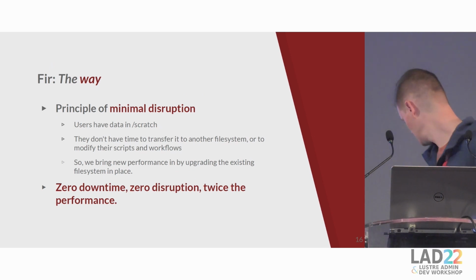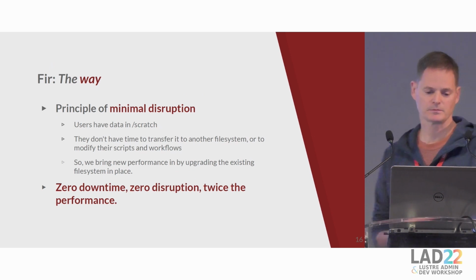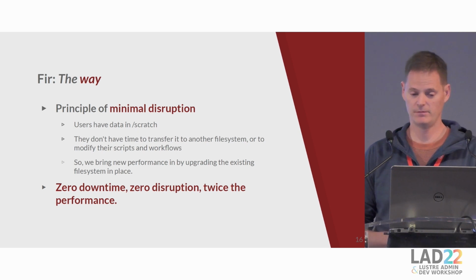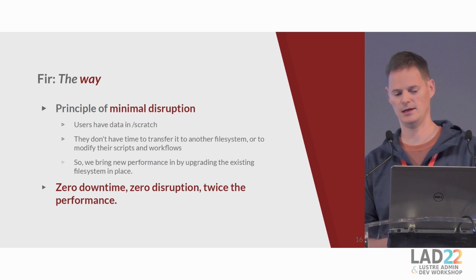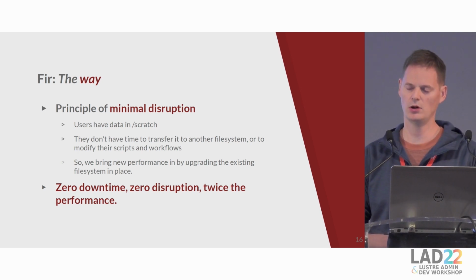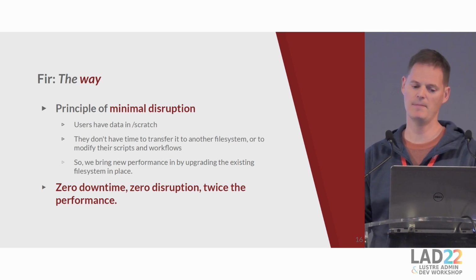So we have the principle of minimal disruption, as I said. Users already have data on Scratch, and they don't have time to copy data to another file system or something like that. So our goal is to bring new performance by upgrading those I/O cells step by step.